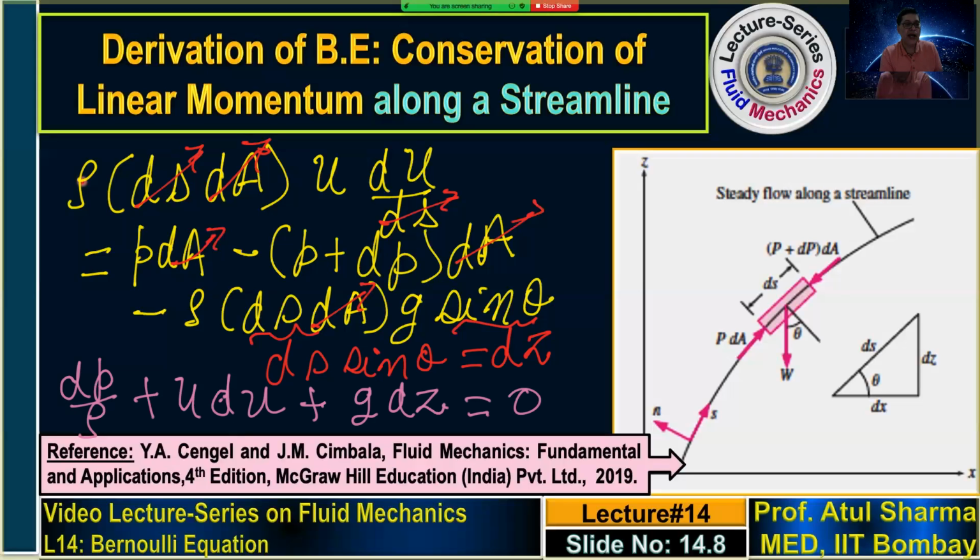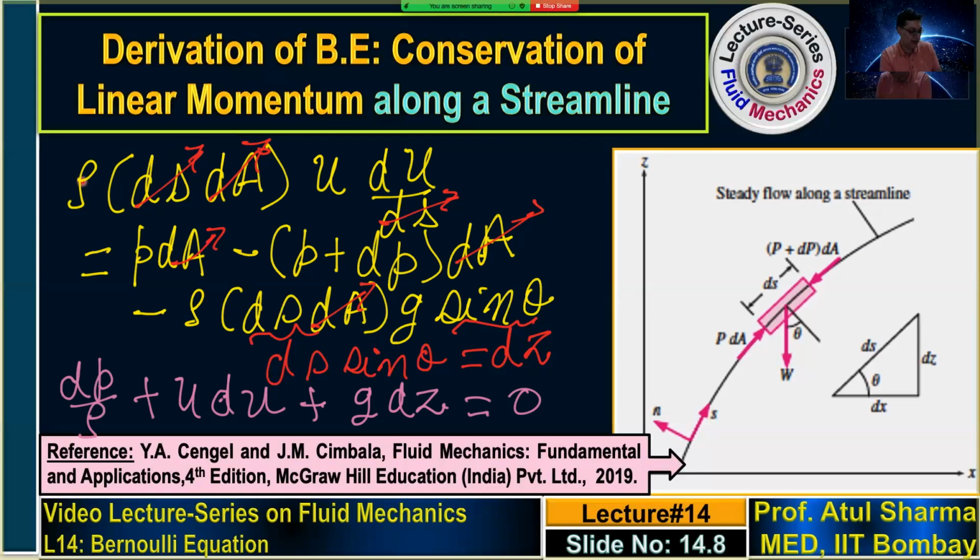Note that I have divided both sides by density rho. That's why you have dp by rho. On the left hand side it is minus dp; you take it to the right hand side and divide by rho. So this is the equation obtained if you take all the terms from the right hand side to the left hand side and divide by the density.